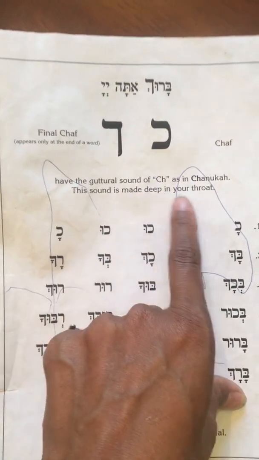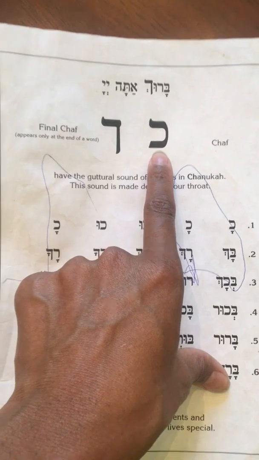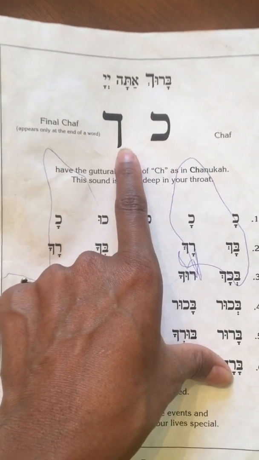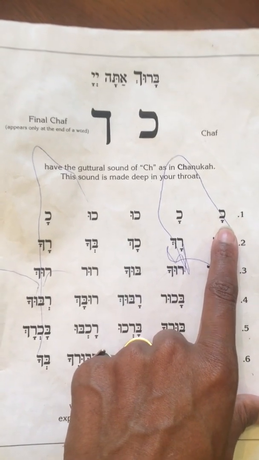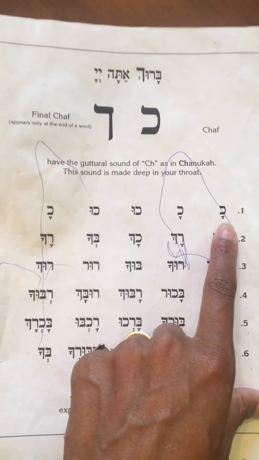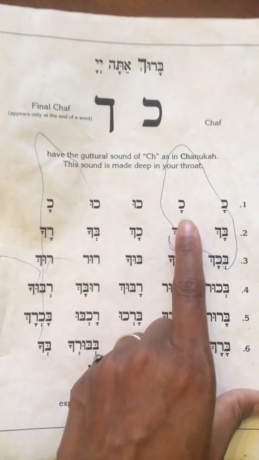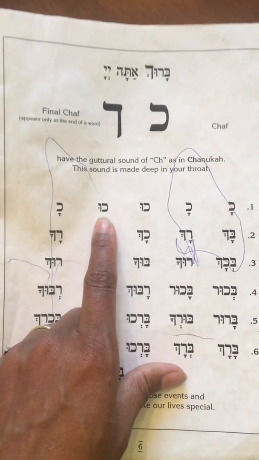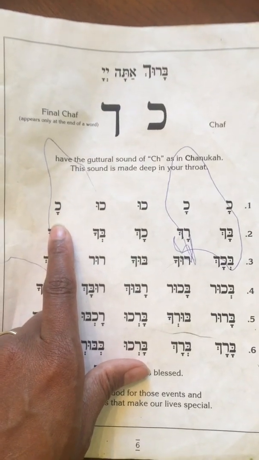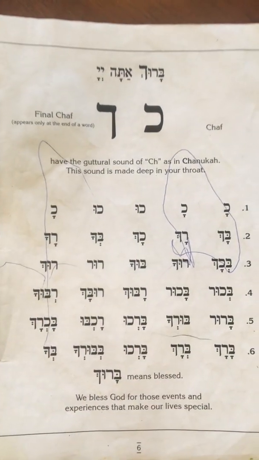It may deepen your throat. Remember, this is the kaf, and this is the kaf sofit. Let's give it a go. Remember, the kamatz goes ah. So this will be cha, cha, chu, cha. All right, so we're going to start our lesson here next time.